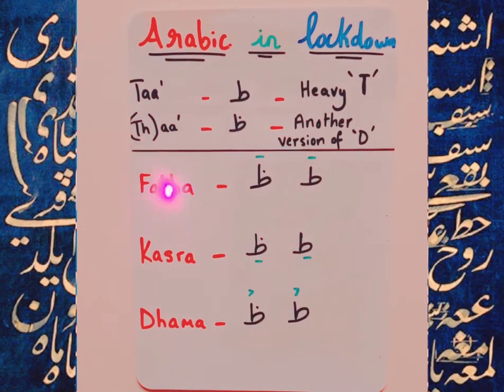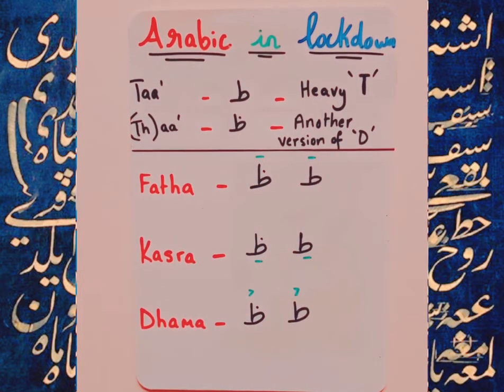So with the fatha, we've got ta and dha, then we've got ti and the, and we've got to and tho. So we do it again together. Ta, dha, ti, the, to, and tho.